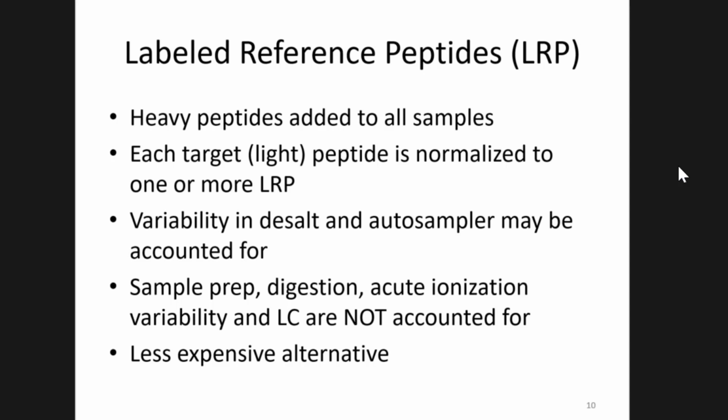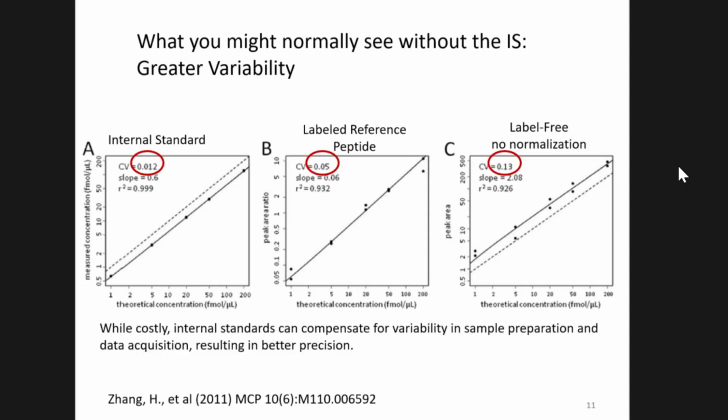For example, if you spiked IRT type peptides into your sample, those could be used as labeled reference peptides. They could be spiked in at the digestion point or after desalt, depending on what variability you'd like to account for. And they're not as expensive as heavy peptides for individual analytes.